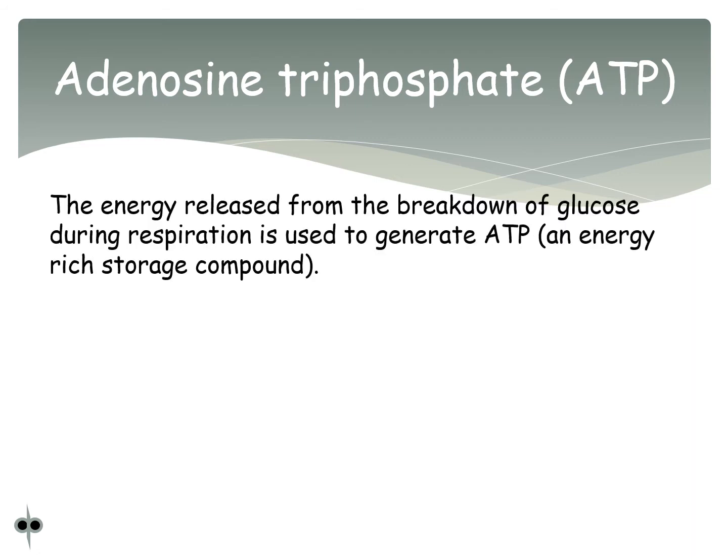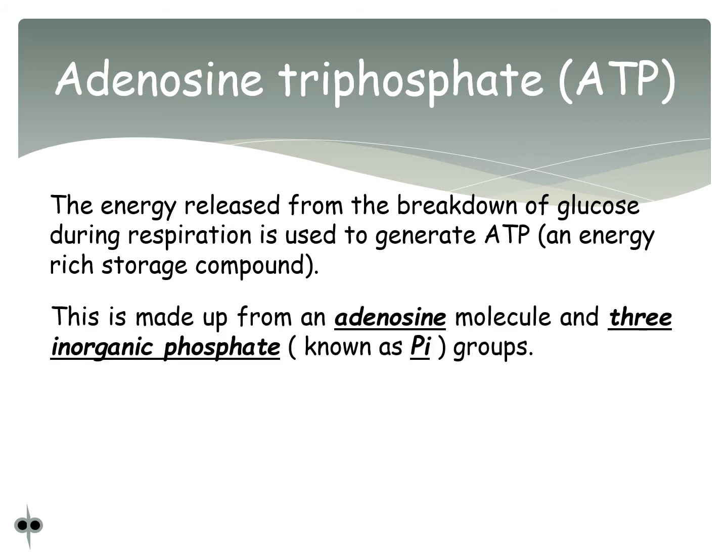So the energy released from the breakdown of glucose during respiration is used to generate ATP. So it's an energy-rich storage compound, so it's your chemical energy. So this is made up from an adenosine molecule and 3 inorganic phosphates. That's why there is tri meaning 3, known as Pi groups.